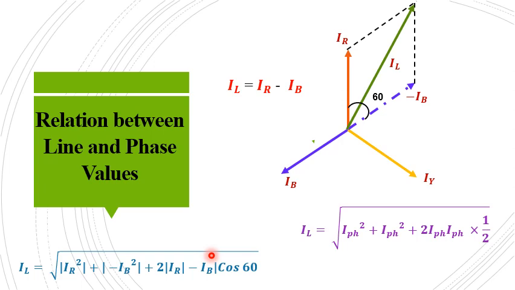Substituting, we get IL is equal to root of I phase square plus I phase square plus 2 I phase into I phase into 1 by 2, the cos 60 value. Simplifying, we get IL is equal to root 3 I phase. So in a delta connection, the line current is root 3 times the phase current.